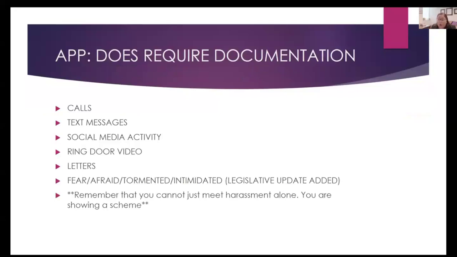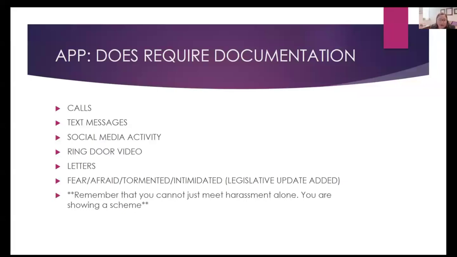I would say that although no protective order really requires any admissible exhibits, right? Evidence or testimony is evidence of domestic violence or stalking. I would say that because stalking is complex and requires that scheme, you do need documentation.